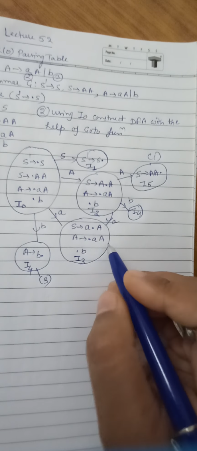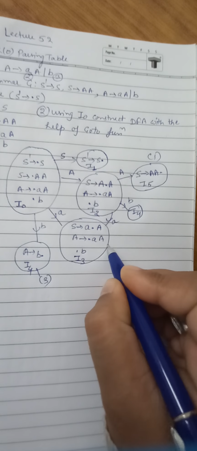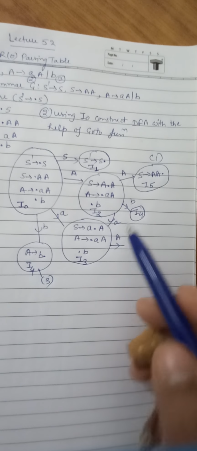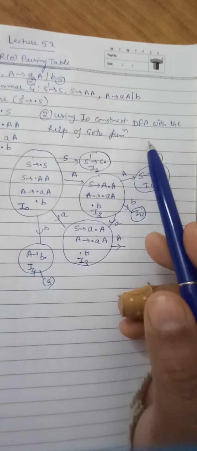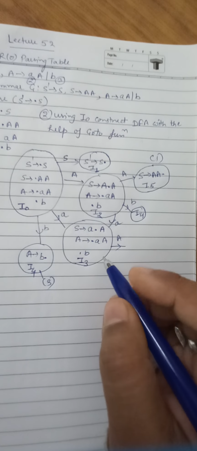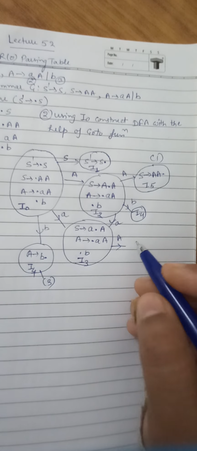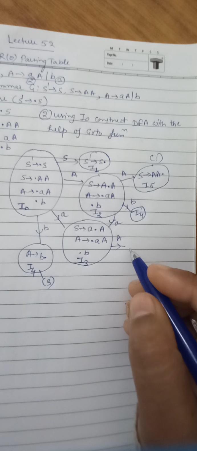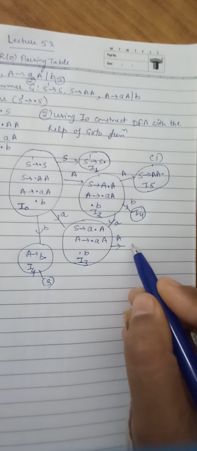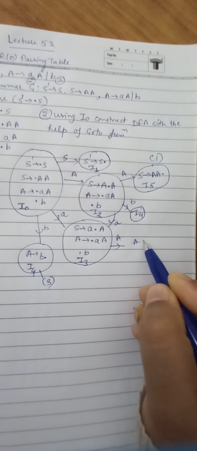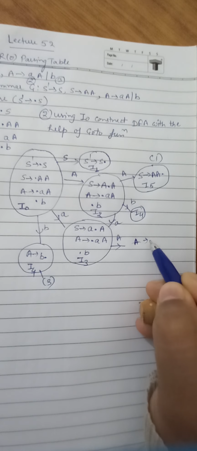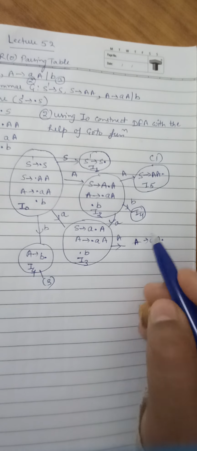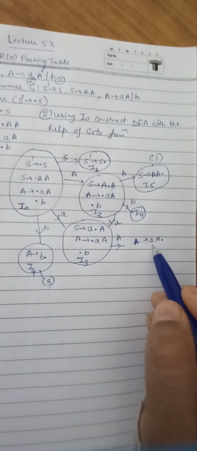Now from here, if we go for A, in the similar way as we have done all the transitions here, because we are making the DFA with the help of the Goto function. For variable A, where will we reach? Here we have a dot A, so we reach A tends to aA dot.